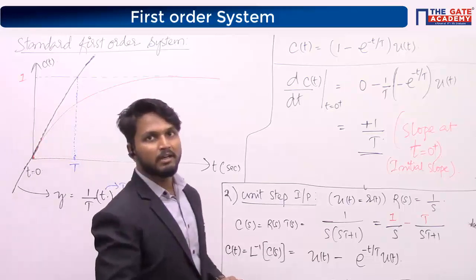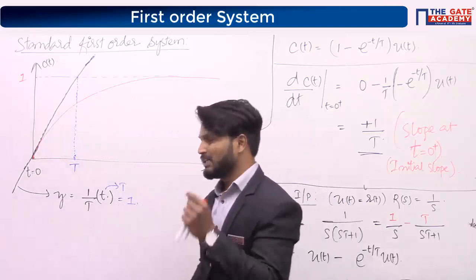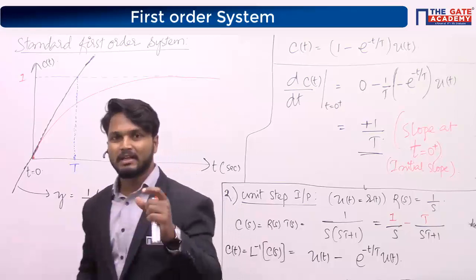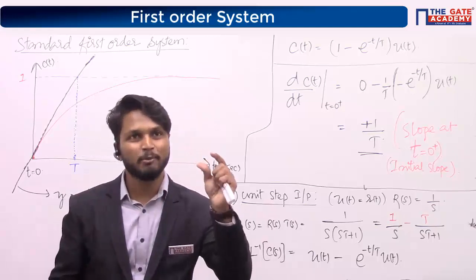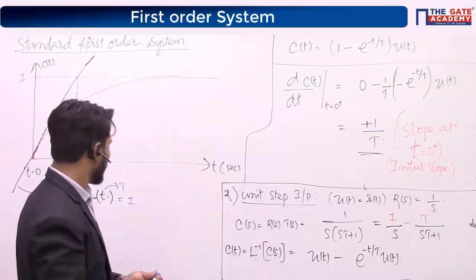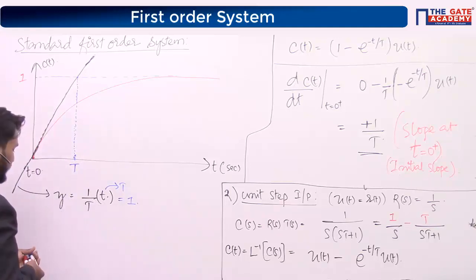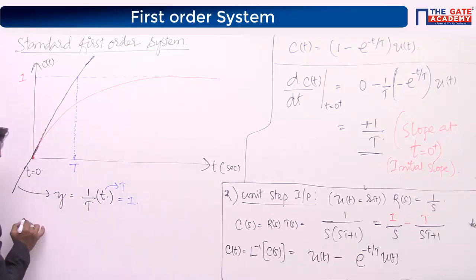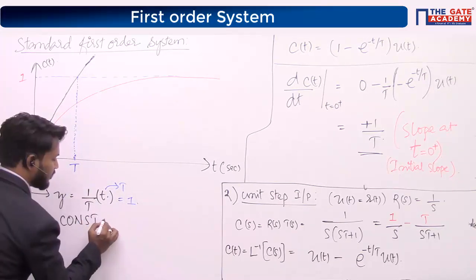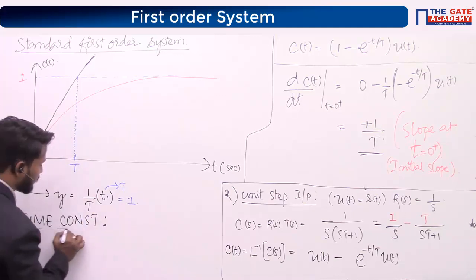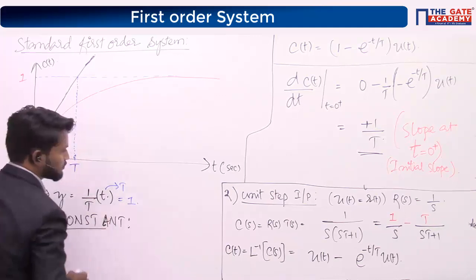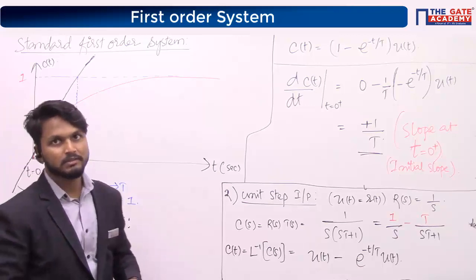particular final value, right? So t, what is t here? T is called as time constant of the system, right? What do we call t as? T is called as time constant of the system. So take down a definition for this.